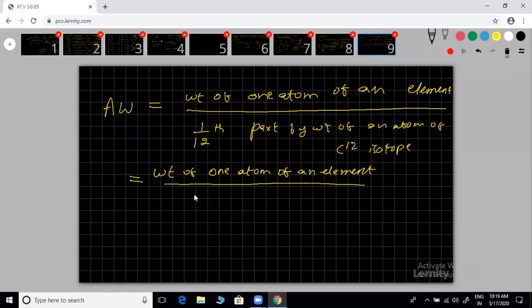I am taking the weight of one atom of C12. This 1/12, the 12 will come up, so I can write it like this. Understood?